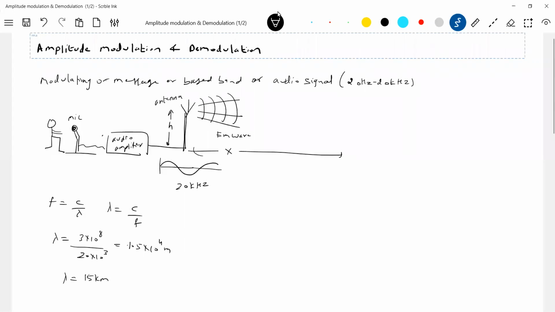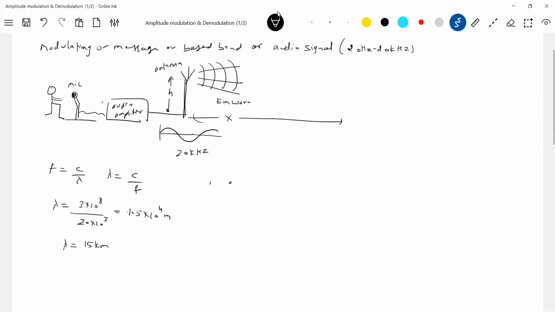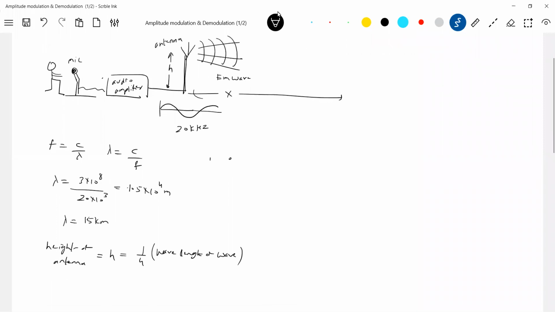Lambda. Then what is the height of the antenna needed for transmission? The height of the antenna will be 1/4 of the wavelength of the wave. There is a general rule in designing of the antenna.